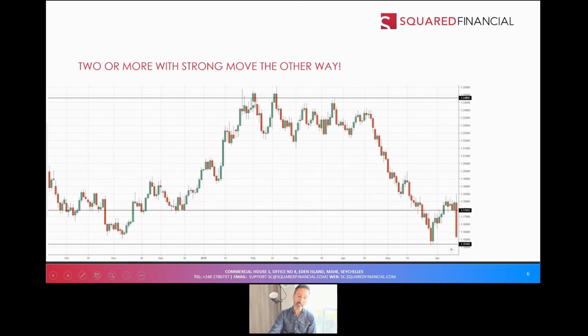What happened is a nice surge up, price was going up, and then something happened, and look at it, it didn't just stop. It stopped, and sellers came, and price dropped. And then the buyers came back and retested the same level, slightly higher, but that's a wick, so it doesn't really mean much. And then the sellers came back.